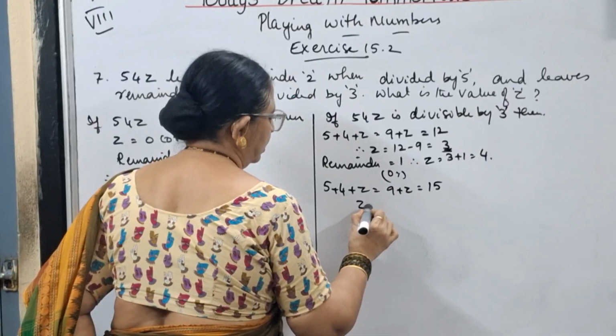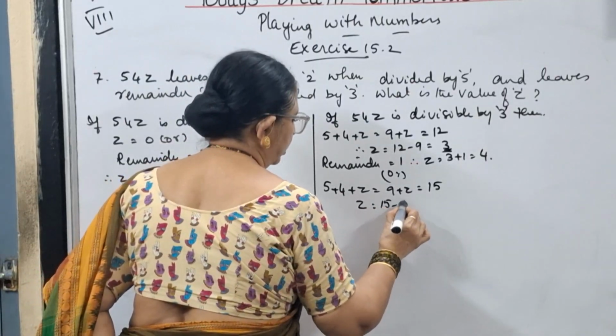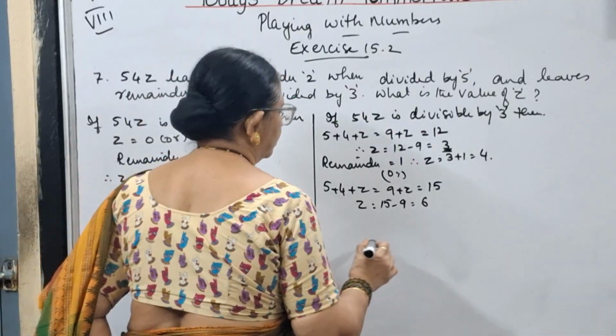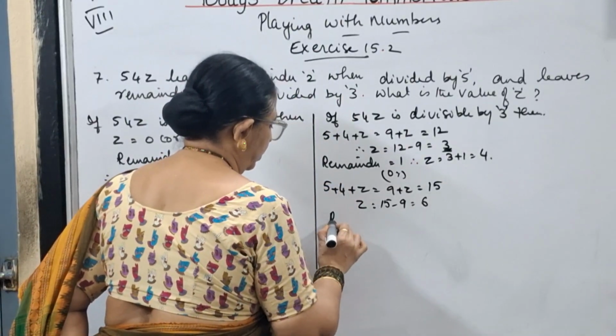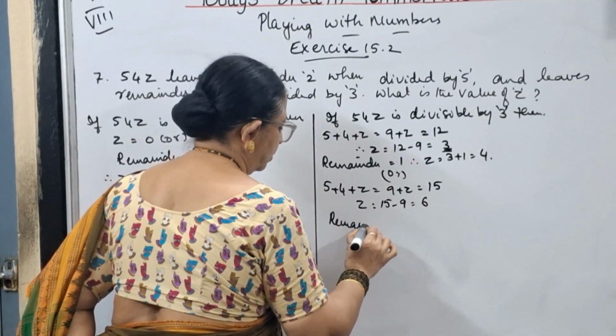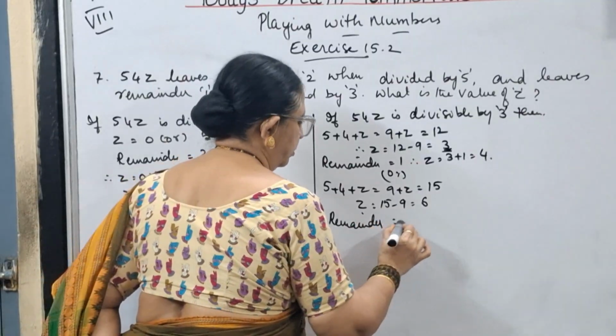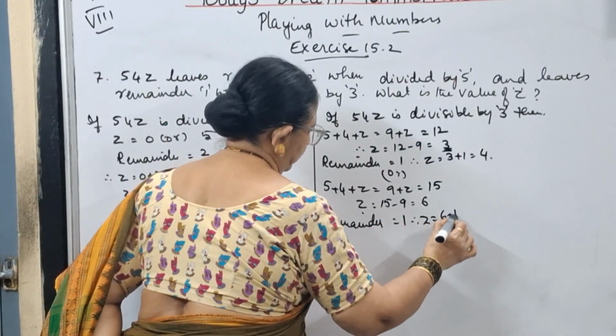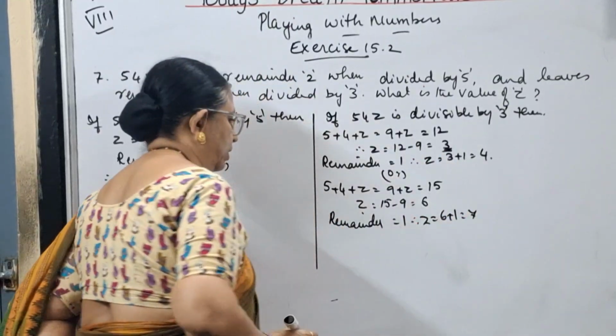That means z is equal to 15 minus 9, that is 6. z is equal to 6. And what is the remainder? Remainder is 1. Therefore, z is equal to 6 plus 1, 7.